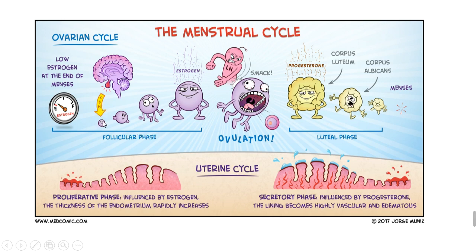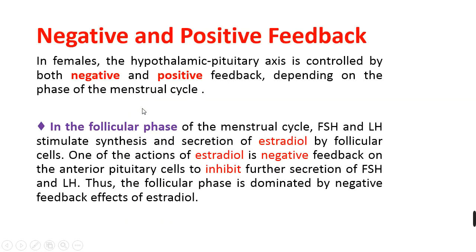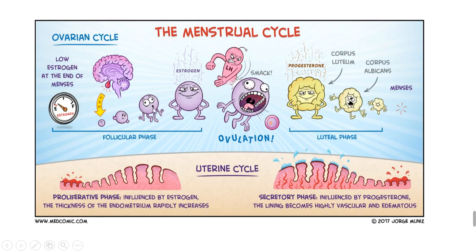This will help in progress of the oogenesis and the production of Graafian follicle that will become dominant under the effect of estrogen, which helps to maintain the right environment for development of follicles.